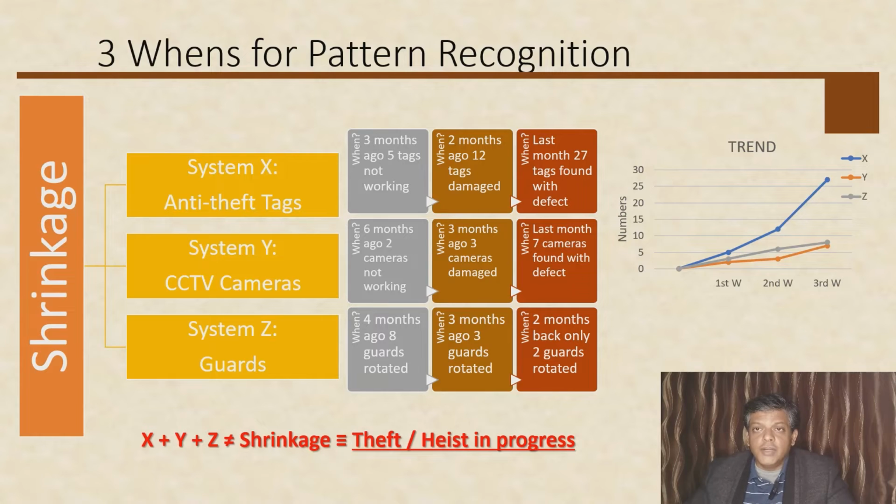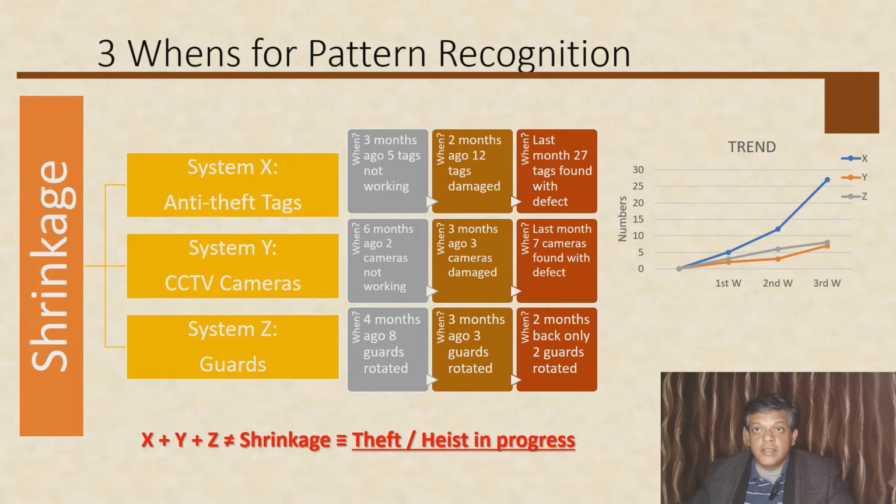You have been told that some of the anti-theft tags have been malfunctioning or not working properly in the last few months. So you start your investigation and you realize that with the first one, you get the answer that 3 months ago, 5 tags were not working. With the second one, you get the answer that 2 months ago, 12 tags were damaged. And with the last one, you realize that last month 27 tags were found with a defect.